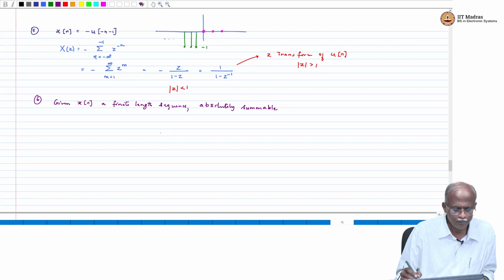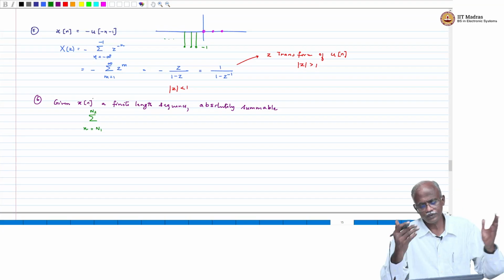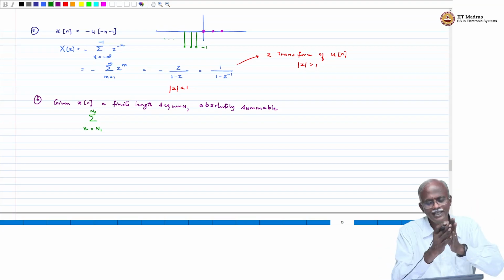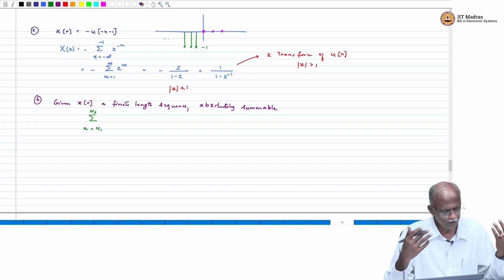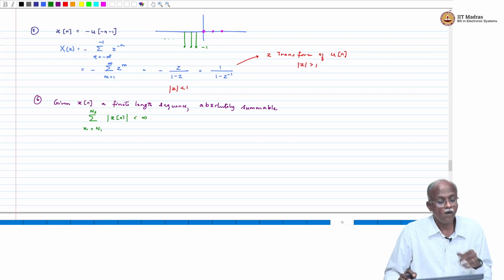Okay, what does that mean? Summation n starts at some integer n1 and goes up to another integer n2. Okay, so basically a finite length means that these two are finite values. They can be positive or negative. Modulus x of n is less than infinity.